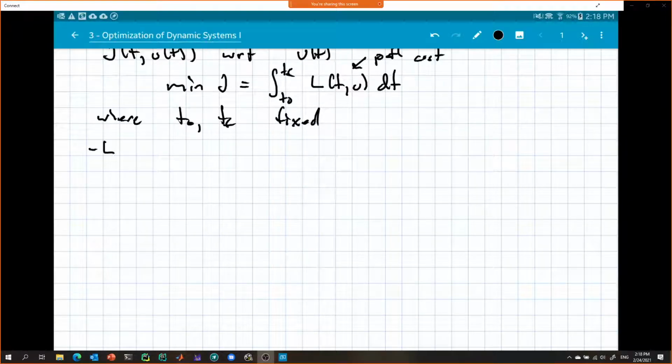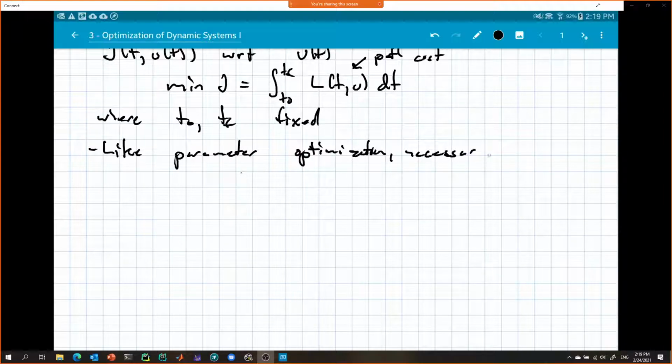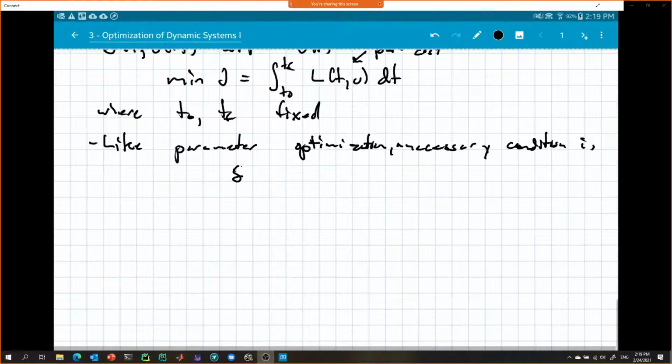Like in parameter optimization, a necessary condition is this: instead of the derivative of J, instead of dJ equal to 0, we have the variation of J equal to 0.